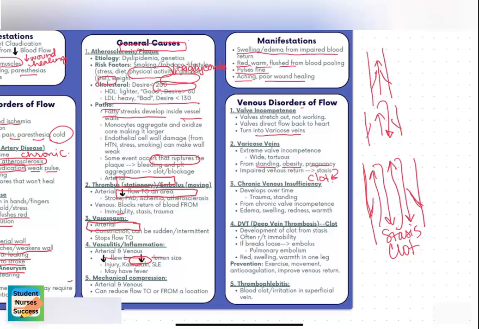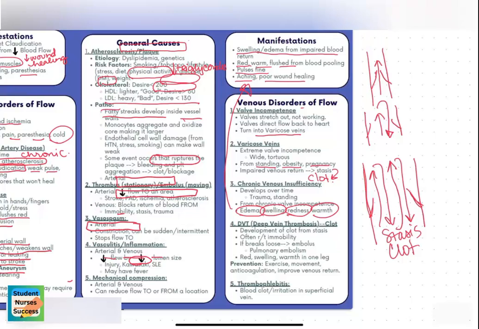What we see in those individuals is edema, swelling, redness, and warmth, which we see as symptoms of venous issues. What we most worry about is clot development, because if those clots break loose, they can lodge, or if the clot is large enough, it can obstruct flow.